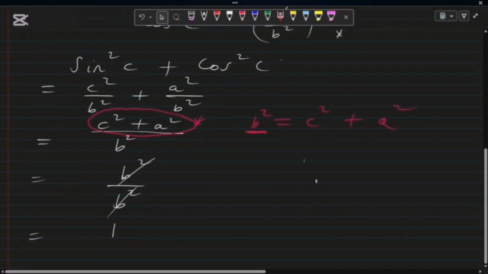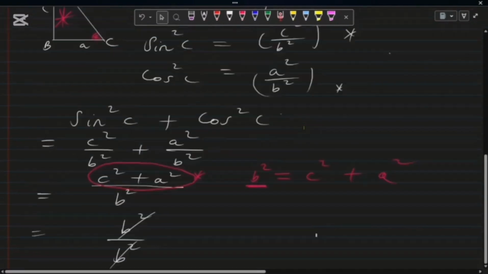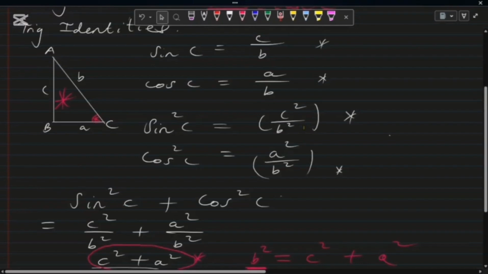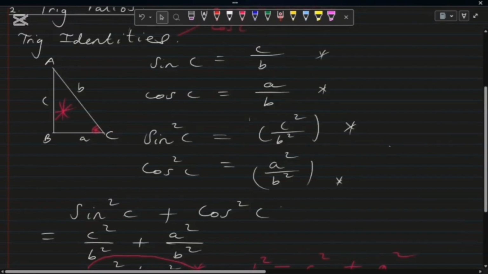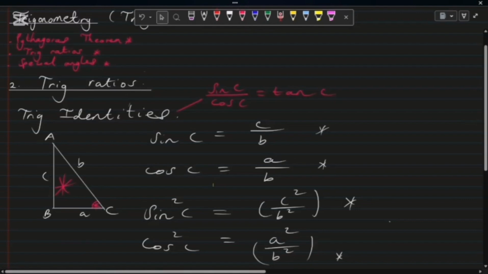Now the identity says that sine squared of any angle plus cos squared of any angle gives us 1.